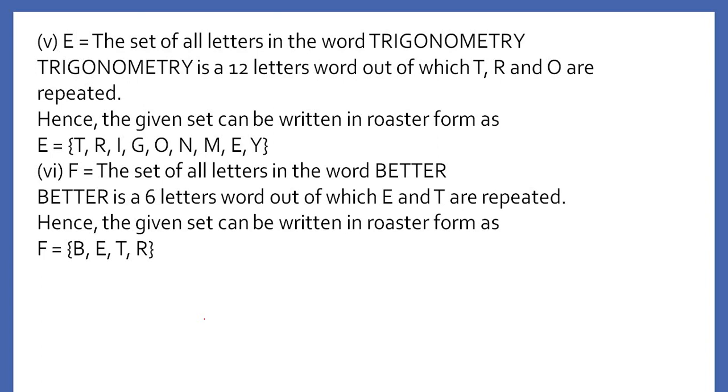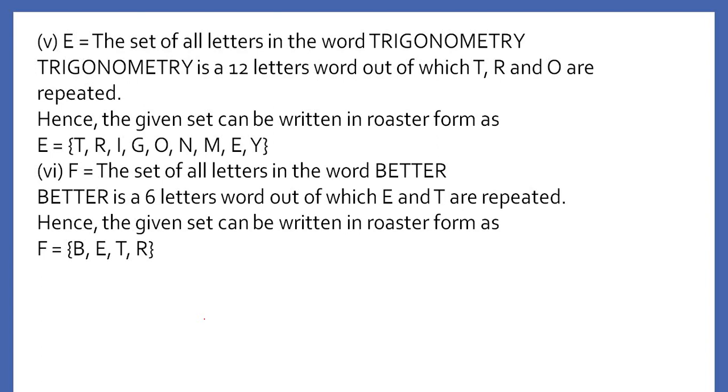R is repeating, we will take only once. O is also repeating, we will take only once. Therefore the different letters are T, R, I, G, O, N, M, E, Y. Therefore the roster form contains the elements T, R, I, G, O, N, M, E, Y, and each of the elements is separated by commas, and they are listed in curly brackets.